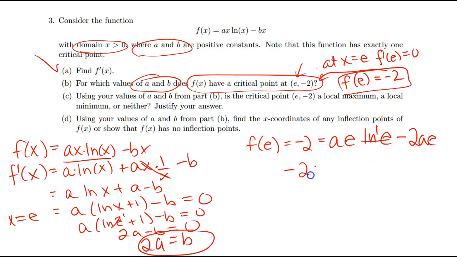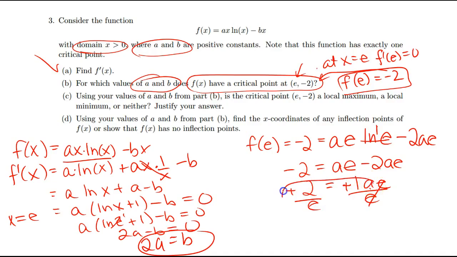So negative 2 equals ae minus 2ae, which is negative 2 equals negative 1ae. So the signs go away, and I'm trying to find a, so I'm going to divide by e. So a equals 2 over e.